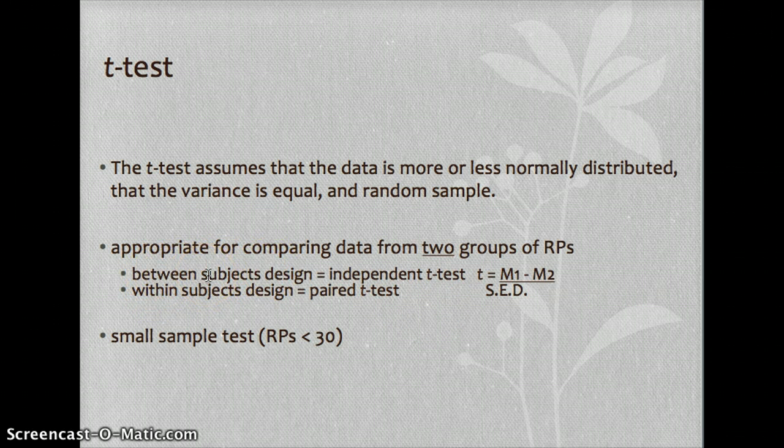So the subjects don't have scores on two different things. For example, with our Netflix watching, those would be two separate groups. We would get the amount of time that the undergrads watched and the amount of time that the graduates watched. And those are independent, between subjects.